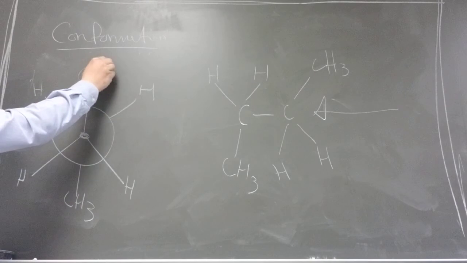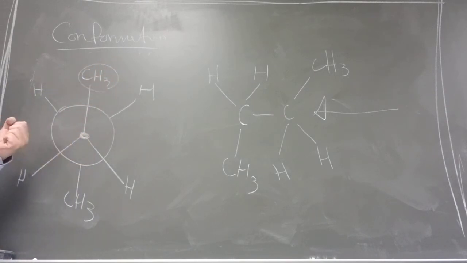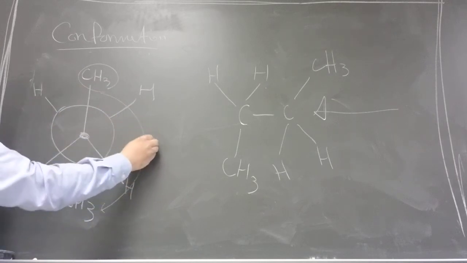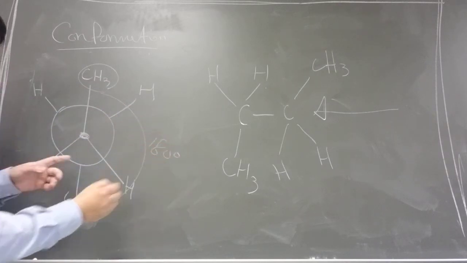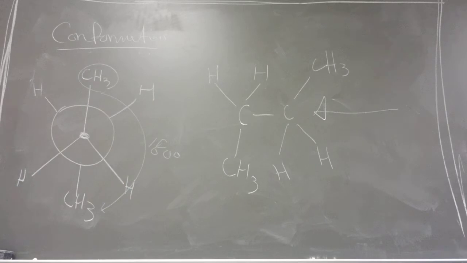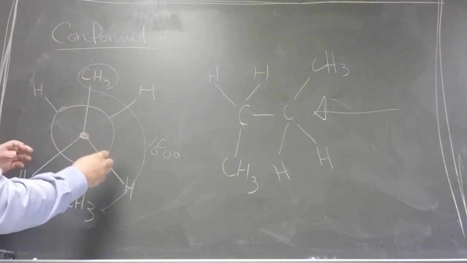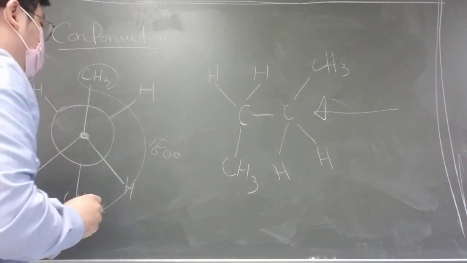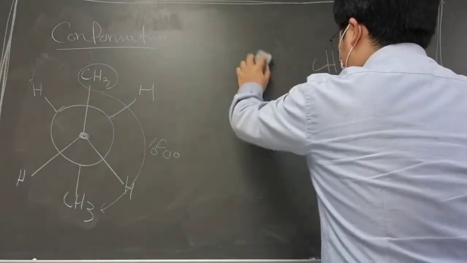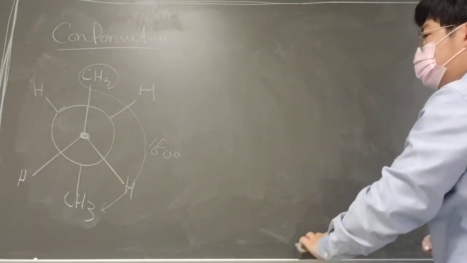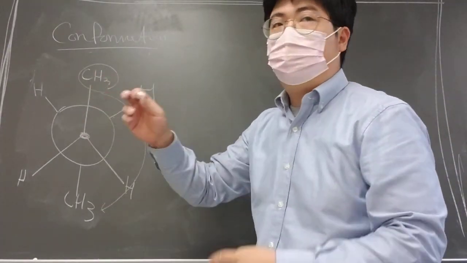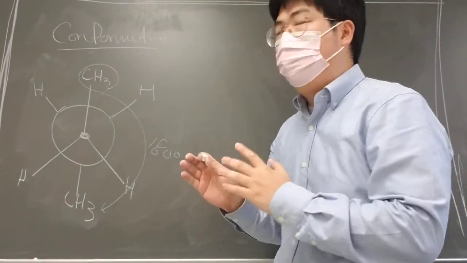Those two methyl groups on each different carbon, front and back, are far away from each other, which is 180 degrees. This is the farthest rotation they can get from each other, and this is obviously in a staggered conformation. So in this case, this butane will have its most stable conformation because the methyl groups are heading in opposite directions, which is quite nice for them.